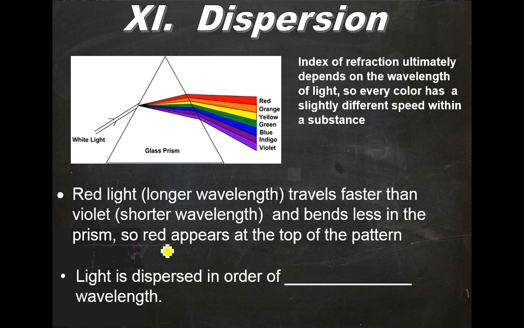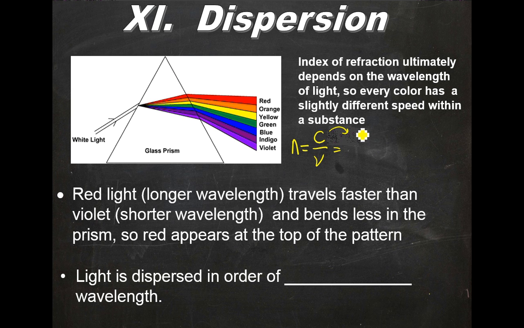The index of refraction, based on the equation I gave you earlier in the unit, is a ratio between the speed of light in a vacuum and the speed of light in that particular substance. Well, the speed of light is dependent on the frequency and the wavelength.